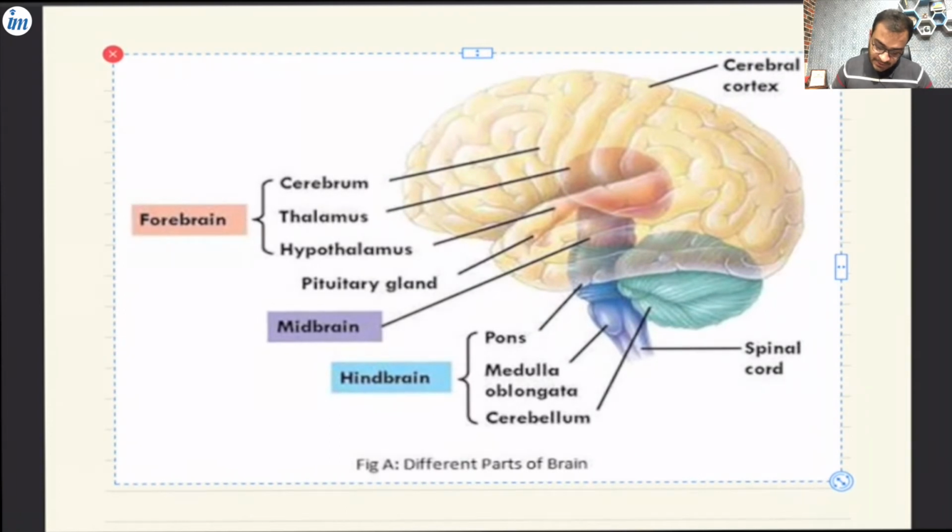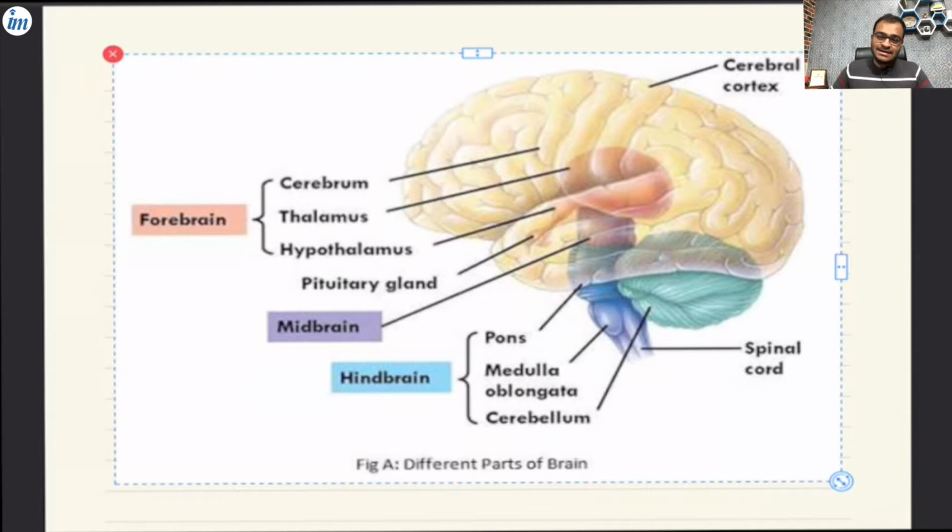See the image. I told you about the nervous system classification, and out of the central nervous system, the brain has been categorized into three parts: forebrain, midbrain and hindbrain, that is prosencephalon, mesencephalon and rhombencephalon. The prosencephalon, which is the forebrain, is categorized into telencephalon and diencephalon.